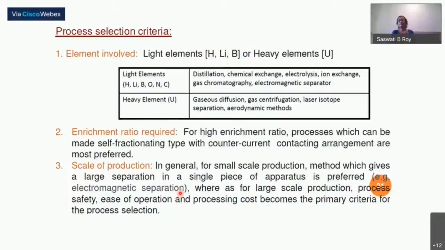So delta m by m squared becomes very low if m is high, meaning it is a heavy material. In those cases, these free energy difference based chemical processes are not suitable. Though they are energy efficient, due to these very low separation factors, they will not be suitable. So distillation and chemical exchange are the chemical processes by which light isotopes are separated.